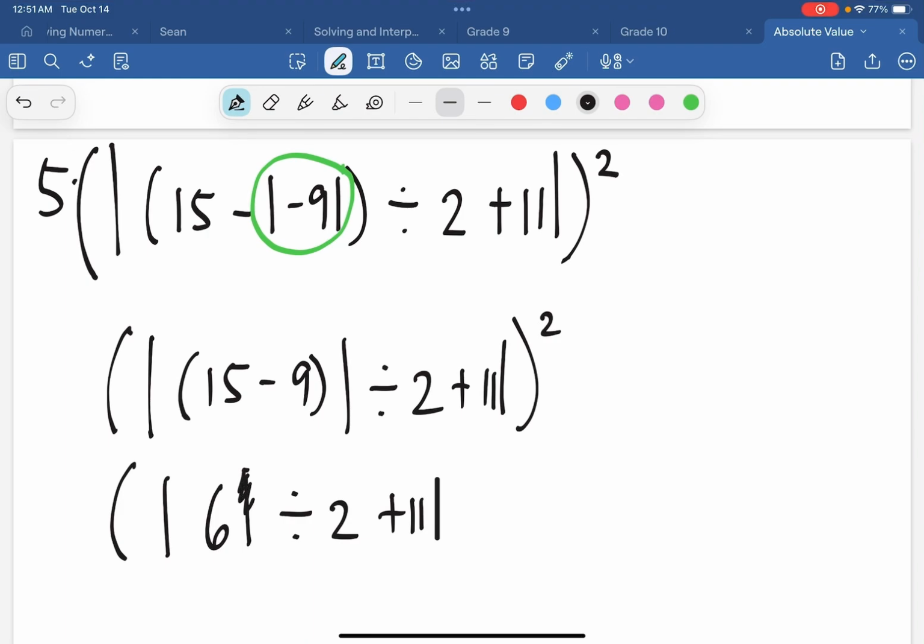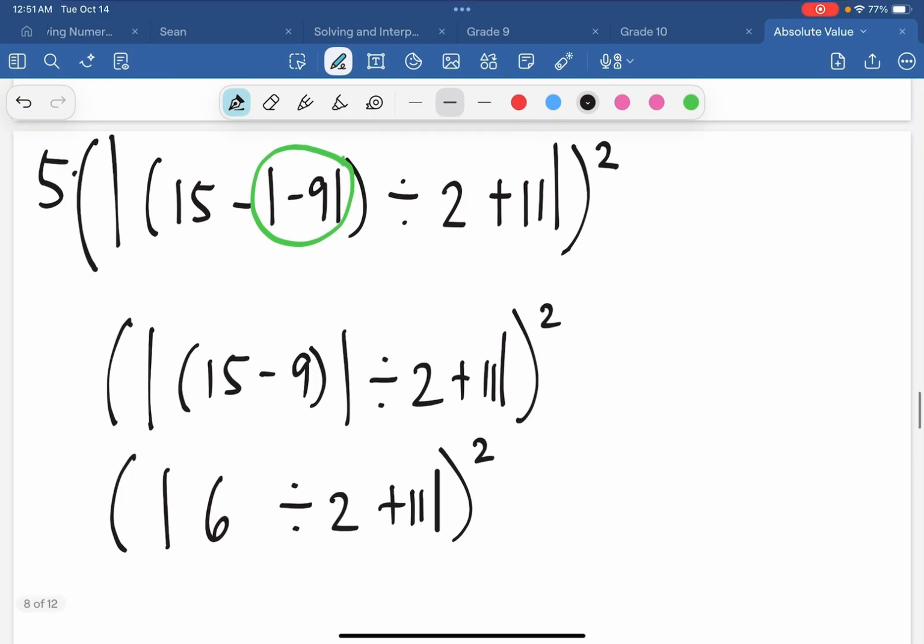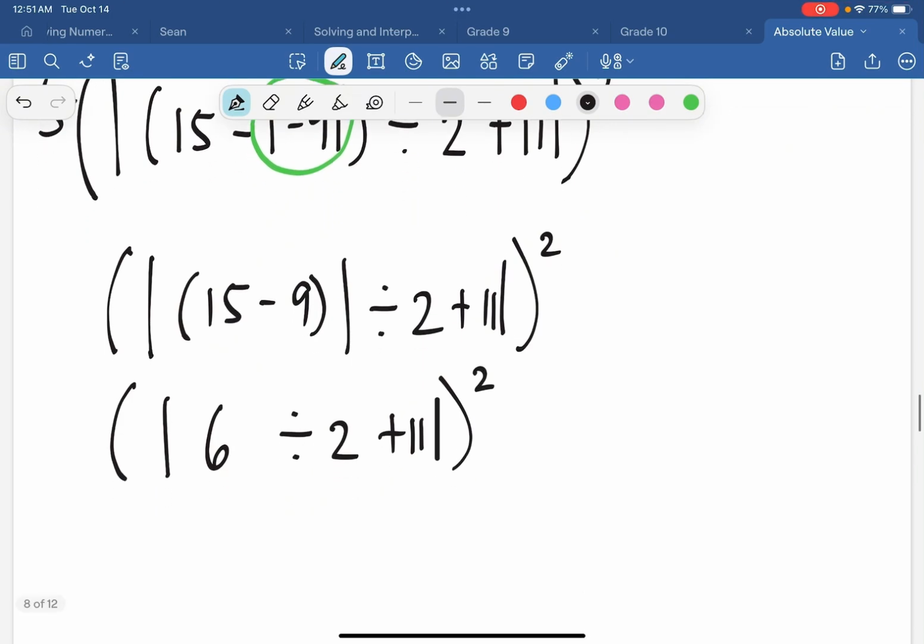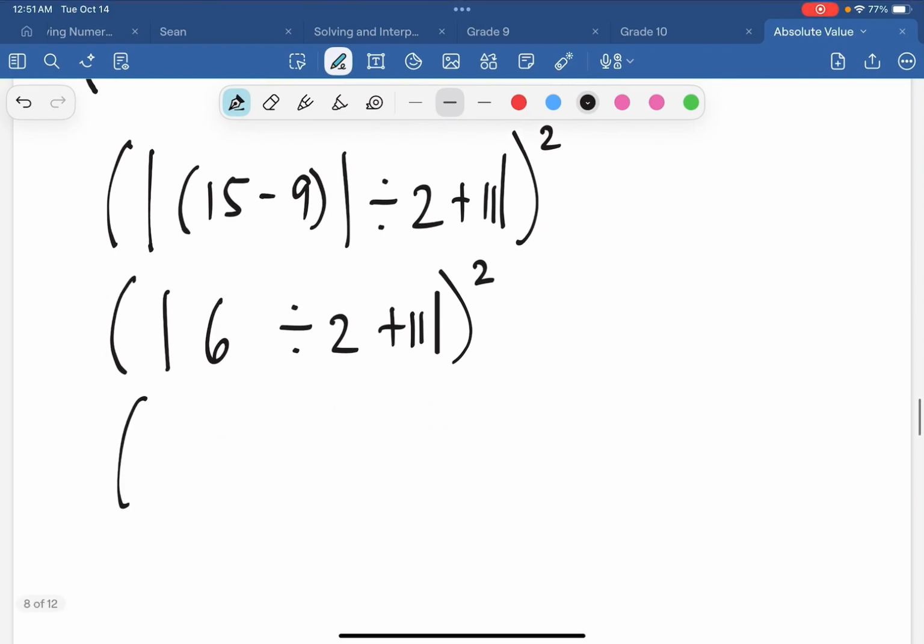This one here is not an absolute value. So just like that, you have here 6 divided by 2 is 3. So we get to write 3 and then plus 11 and then squared.